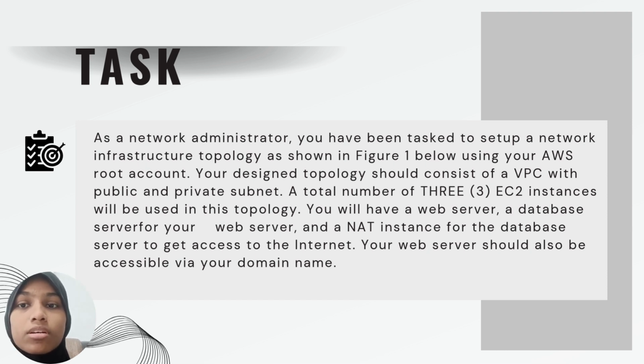A total of 3 EC2 instances will be used in this topology. You will have a web server, a database server for your web server, and a NAT instance for the database server to get access to the internet. Your web server should also be accessible via your domain name.